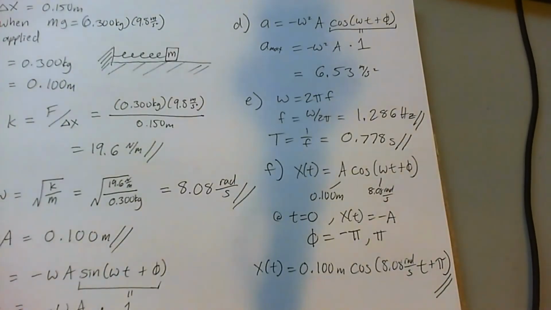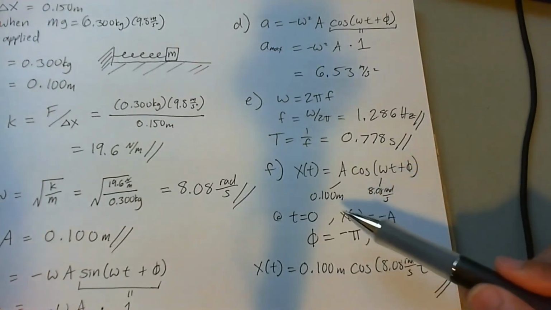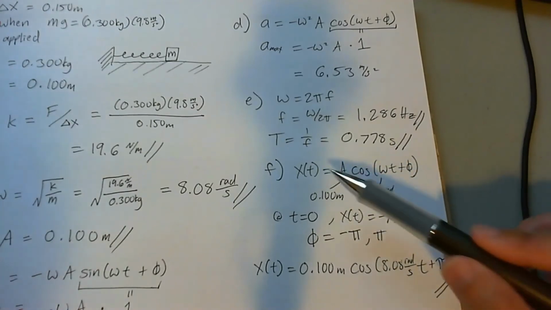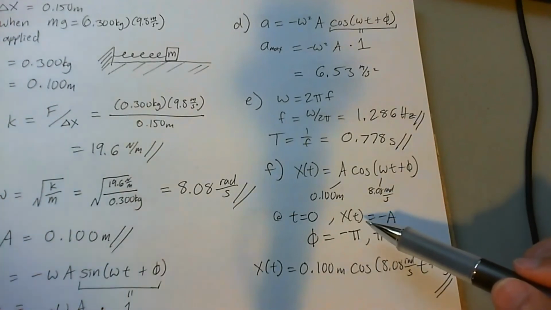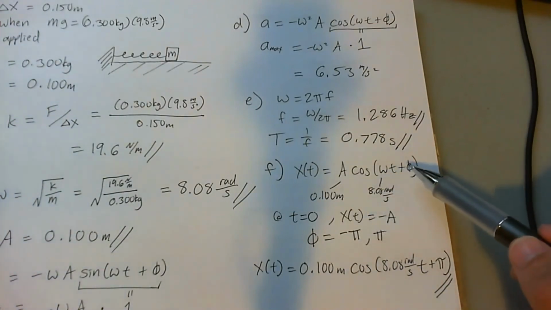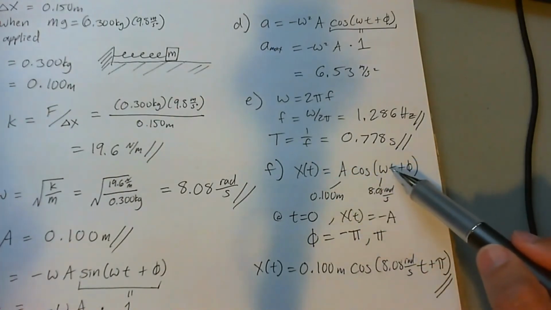Okay. So again, because we're basically sleuthing here, we know x of 0 has to equal negative A when they say what the initial displacement is. So in order to find phi in the first place, you needed to know the initial displacement because you want t in the argument to be 0.